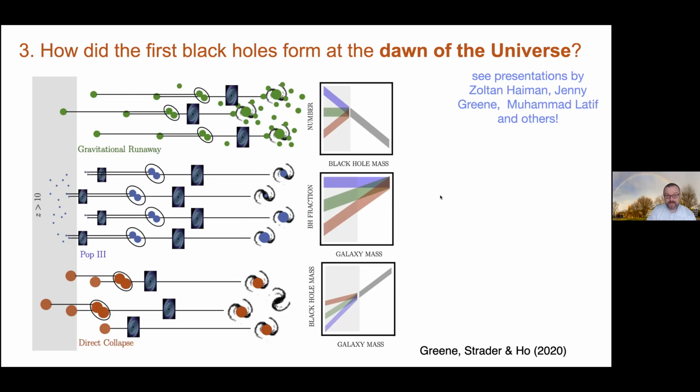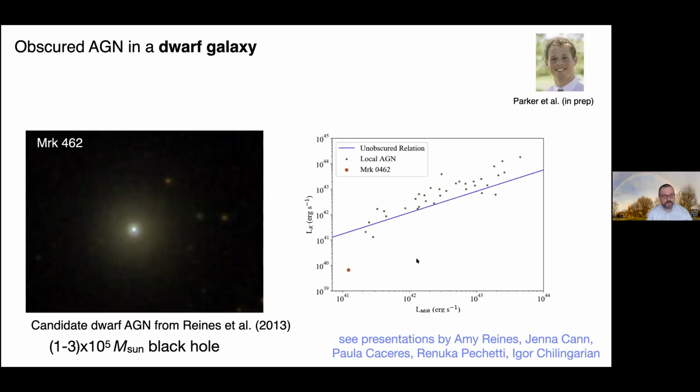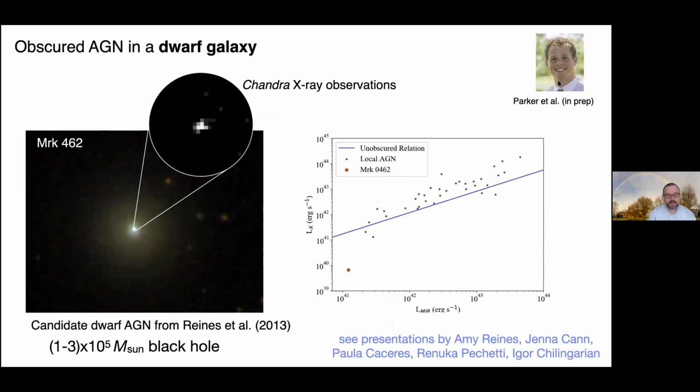But the first thing we can do, as we heard from several people, including a nice invited talk by Amy Reines, is to look at AGN in dwarf galaxies in the nearby universe. I'd like to highlight one particular result by an undergraduate in my group, Jack Parker, who's finishing up this paper.